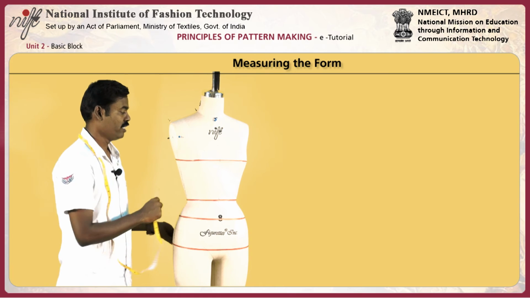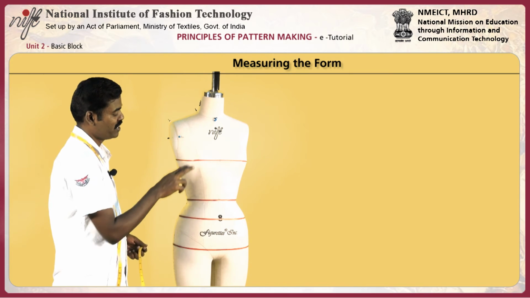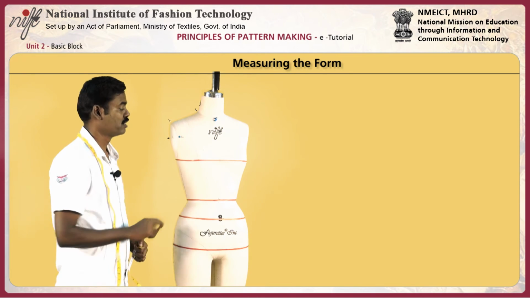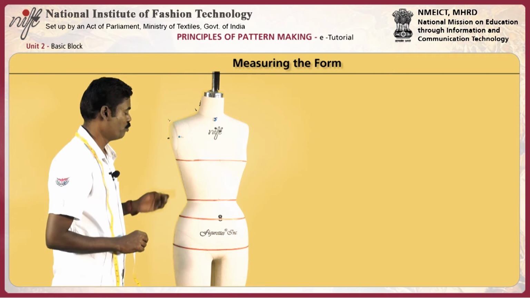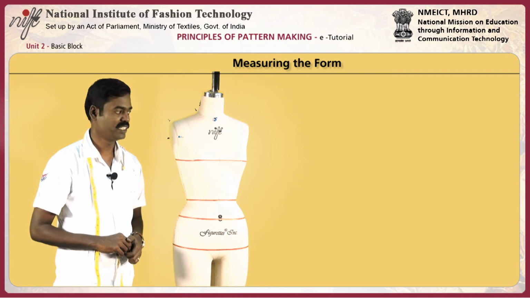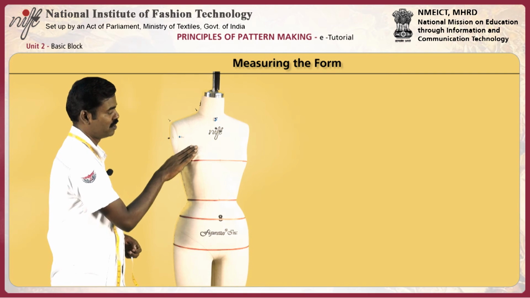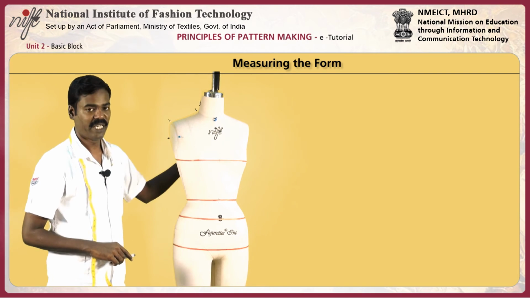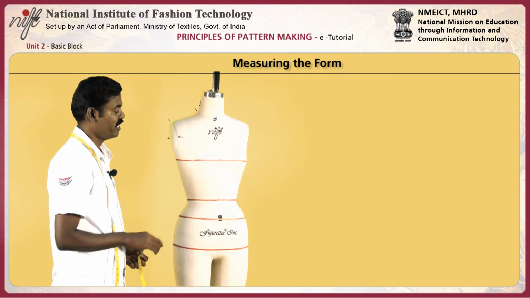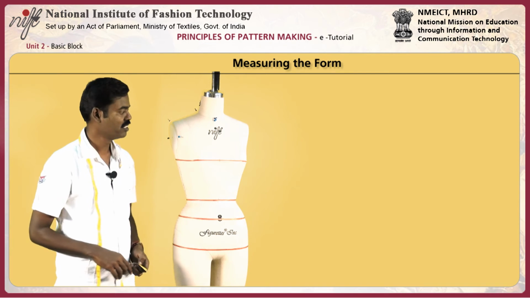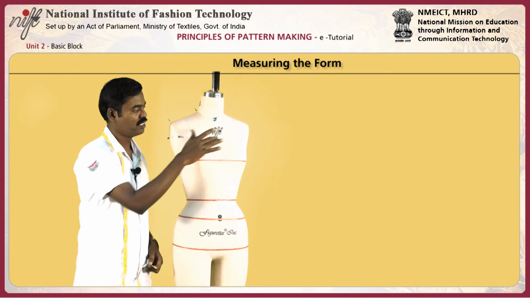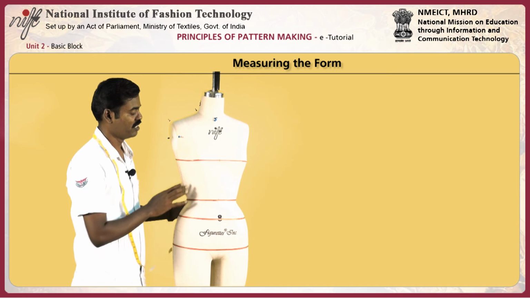Then back: if you measure the right side of the dress form, for the back you also have to measure on the right side. Don't measure front right side and back left side. This is the right side and left side of the front.